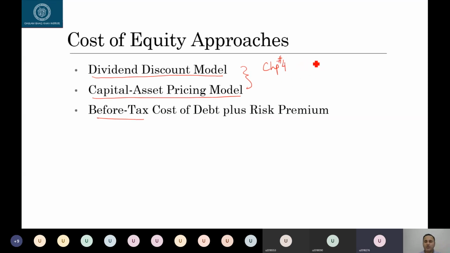In chapter number 4, we had no growth assumption. And then we had constant growth assumption. And then we have growth in phases.